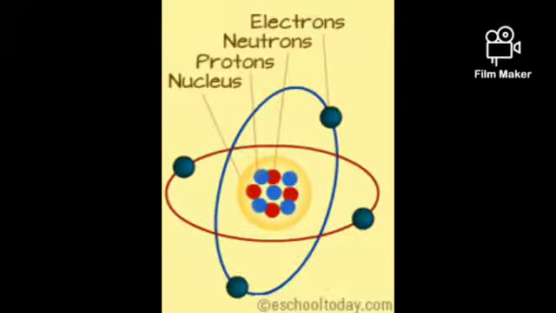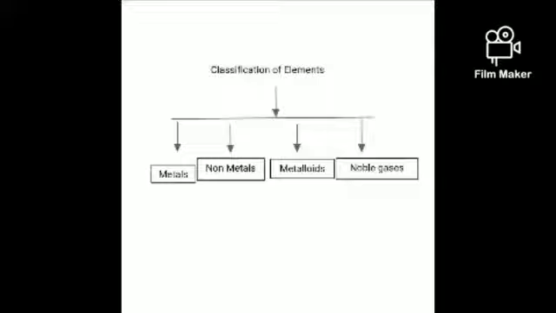See, the older concept of atom was that it is an indivisible particle, but an atom has electrons in the outermost orbit and it is composed of protons and neutrons, and those are in the nucleus of the atom.